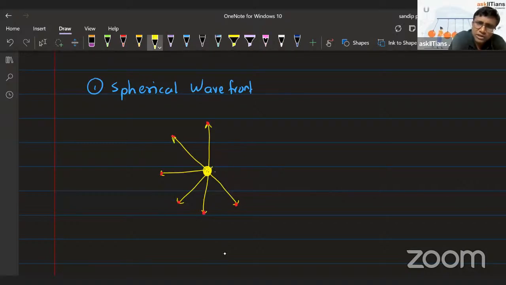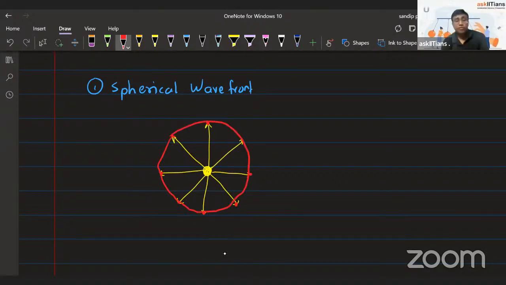So as long as the distance is the same, I can draw, let's say, a circle like this. In 2D, it will look like a circle. If you consider this in 3 dimensions, you will find it as a sphere, right? Therefore, we can say all those points on that sphere will get the light at the same time. So we can call it a spherical wavefront.